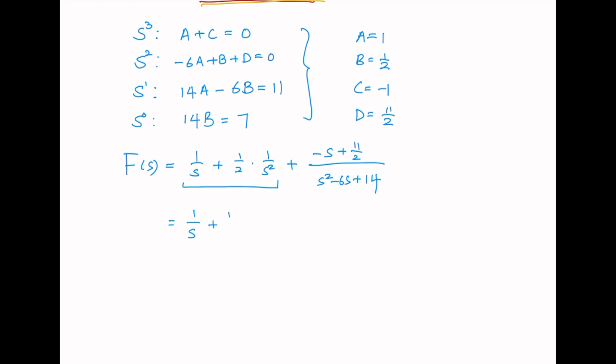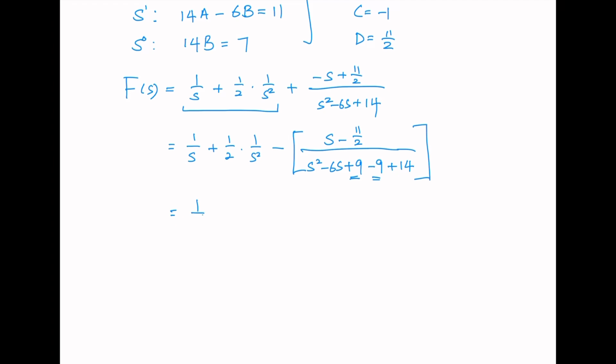So I'm going to copy this down one more time, and then we're going to take out negative 1, s squared minus 6s plus 9. That's the complete square term. We add 9, so we're going to subtract 9. And then the numerator is s minus 11 over 2.